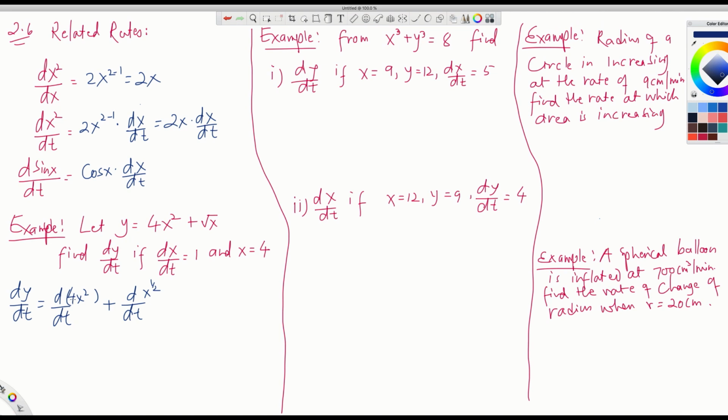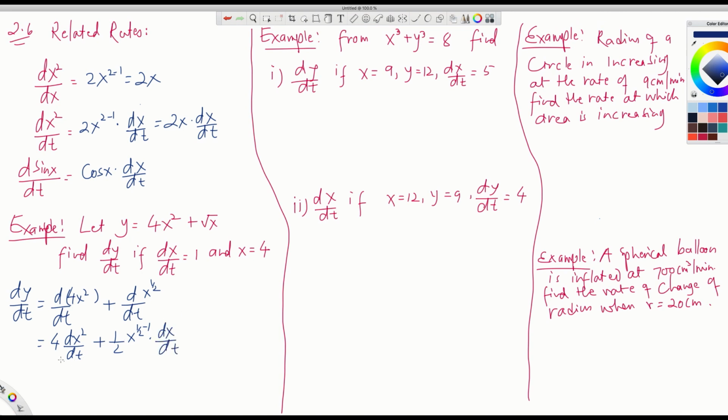For the first term, the 4 will come out, so it will be 4 times dx squared over dt. Plus, what is the derivative of x to the 1/2? There is no x in the denominator, so you use the power rule: 1/2 x to the 1/2 minus 1, times dx over dt, because they don't match.